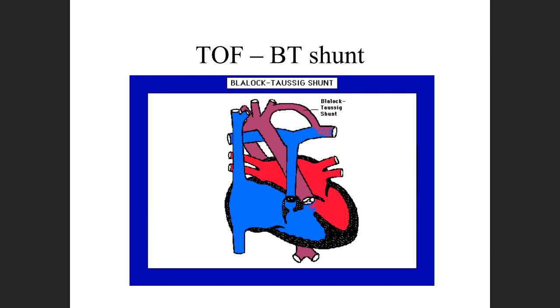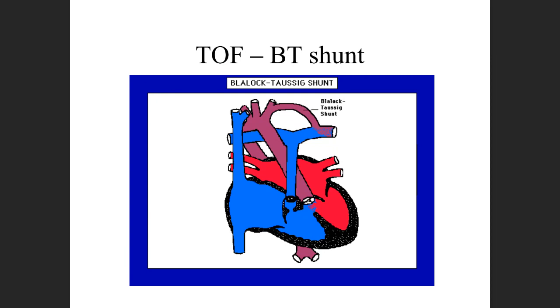This procedure may also be done when the patient has very small pulmonary arteries and pulmonary artery branches. It will increase the volume of blood going into the pulmonary arteries and increase the size of the pulmonary arteries so that it would be safe for total correction to be done.